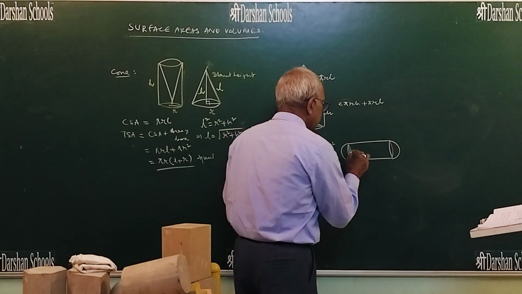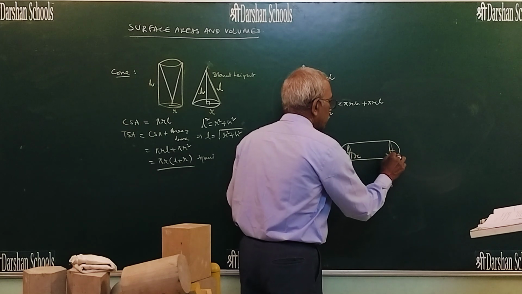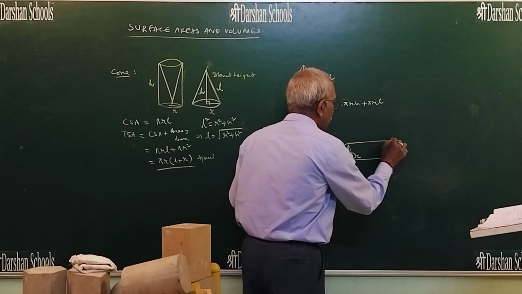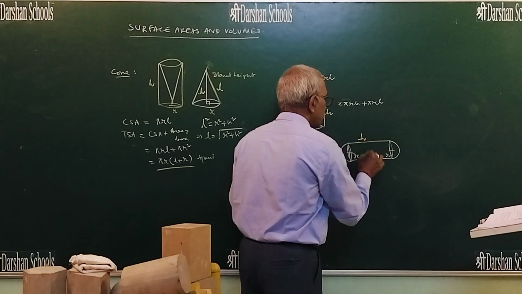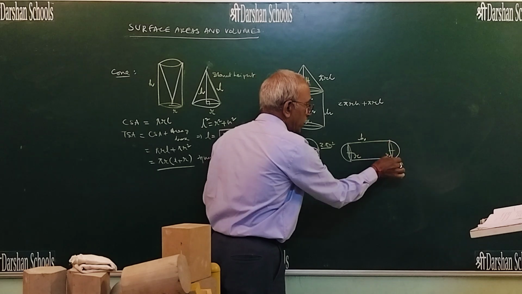So the radius is r and the length or height of this is h. This part is cylinder and this is hemisphere.